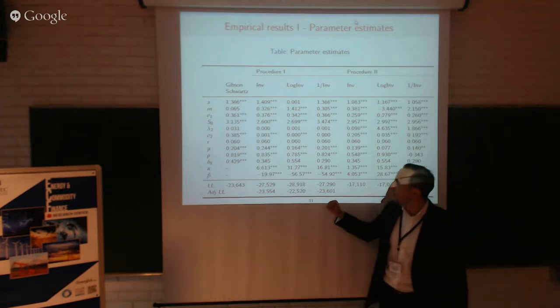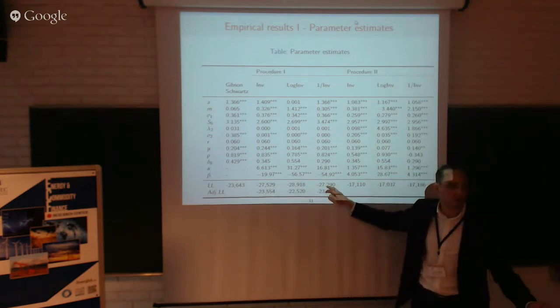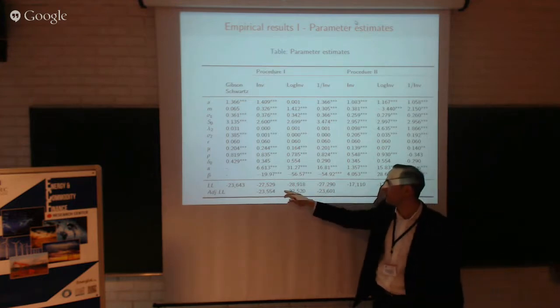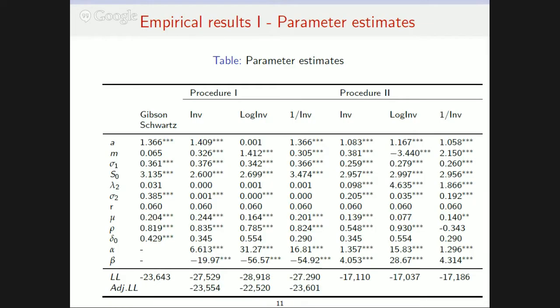And here the log likelihood scores are a bit higher. This is due to the fact that we allowed for the error in the inventory terms, but when we adjust, the log likelihood scores are also a bit weaker.